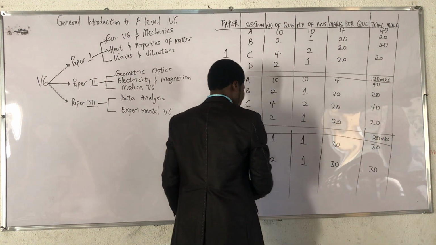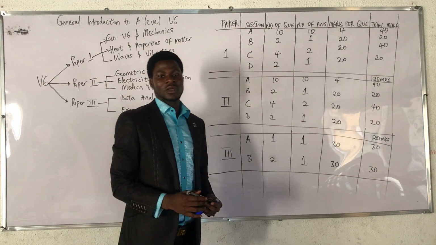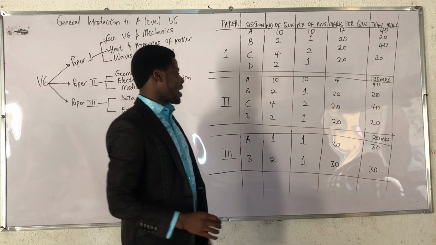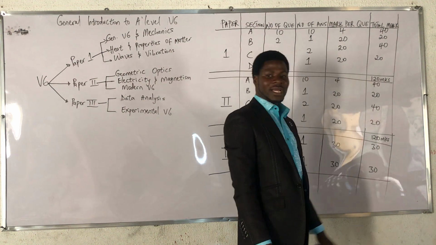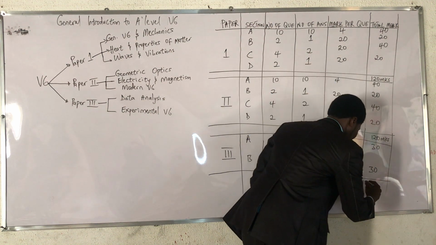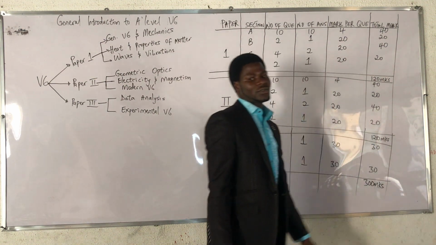So at the end of the whole physics, total obtainable marks is 300. 120 plus 120 plus 30 plus 30. That's 300 marks.